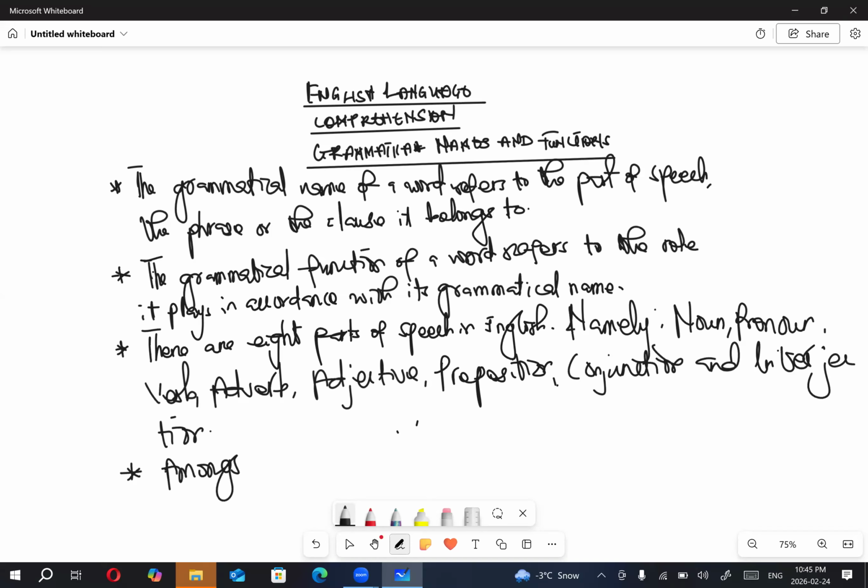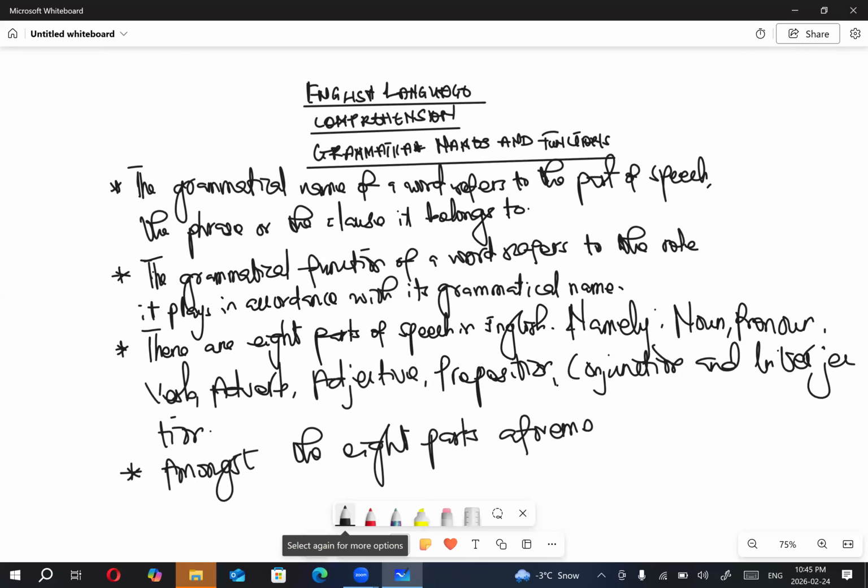Among the 8 parts aforementioned, not all have specific functions.